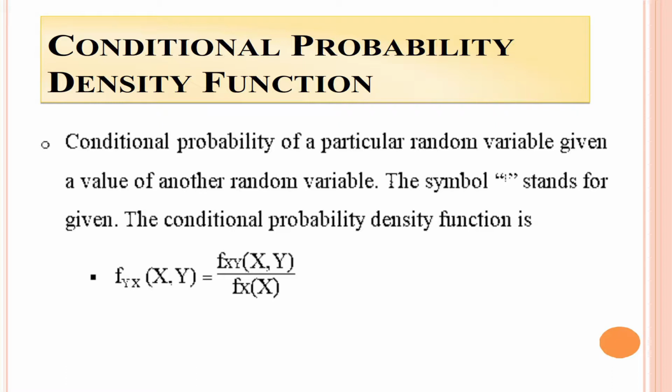The conditional probability density function is f subscript Y given X of y given x is equal to f subscript X, Y of x, y divided by f subscript X of x.